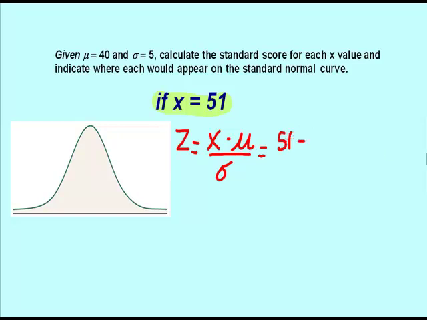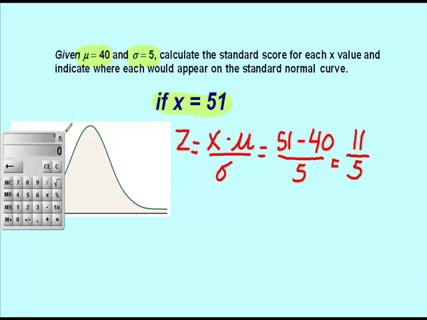Mu, from up in the problem, was 40, standard deviation of 5. 51 minus 40 divided by 5. I'm pretty sure that 51 minus 40 is not 9. How about 11 divided by 5?